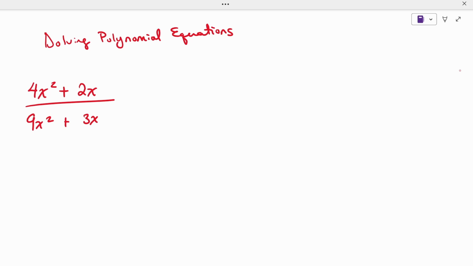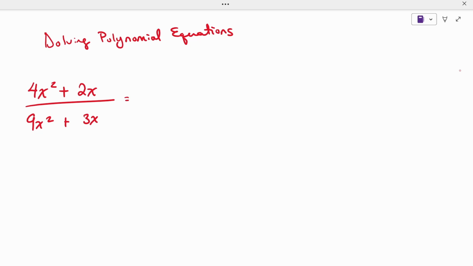These are nasty equations that pop up over and over again in the engineering and physical sciences, as well as chemistry and a number of other places. And so it behooves one to know how to deal with situations where you may have a polynomial divided by another polynomial.